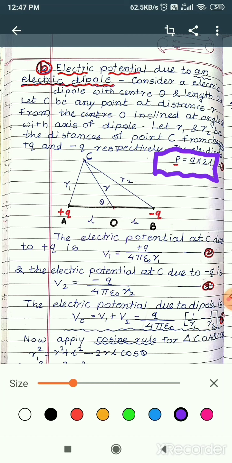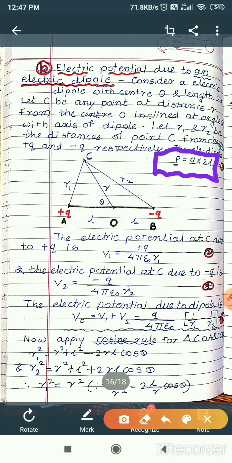Therefore, consider two charges. Now observe the diagram. Two charges plus q and minus q are placed at points A and B, separated by a distance 2L. Let O be the center of the two charges, and therefore automatically the distances AO and BO are small l.